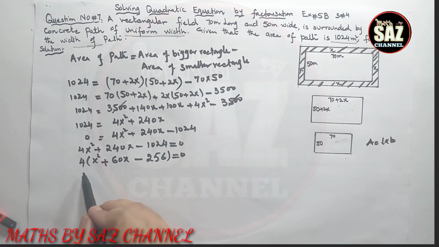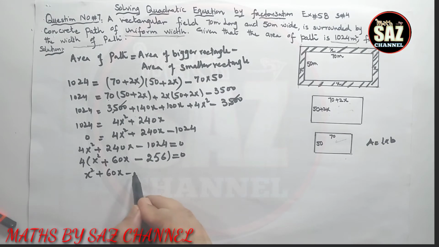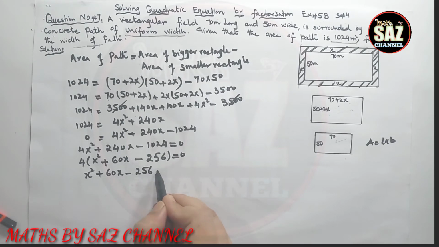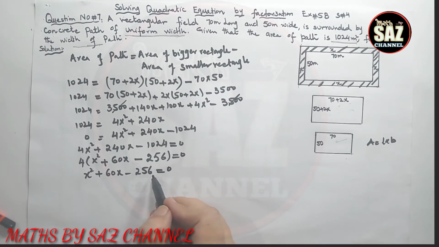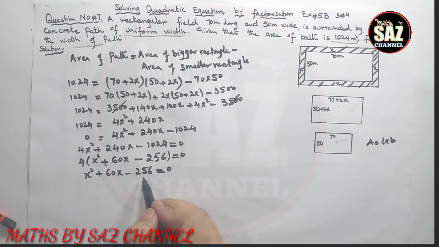So I have to shift this 4 to the other side, and the expression will become x square plus 60x minus 256 equals 0. Now this is my standard quadratic equation in simplified form.